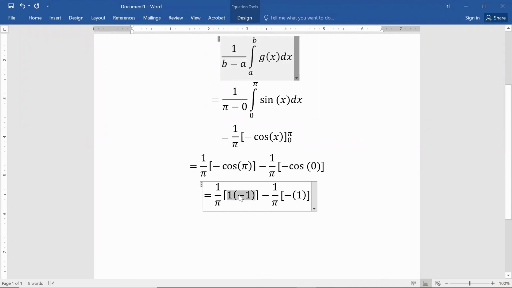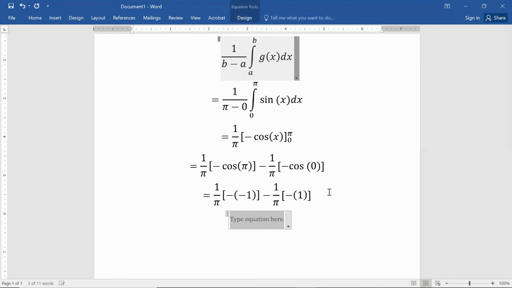When you add these, what you get is, oh, that should have been a negative of negative 1. Excuse me. Sorry. So you should get a 1 in here, and this is minus a minus 1. So what you're getting is 1 copy of 1 over pi, and this all becomes another copy of 1 over pi.